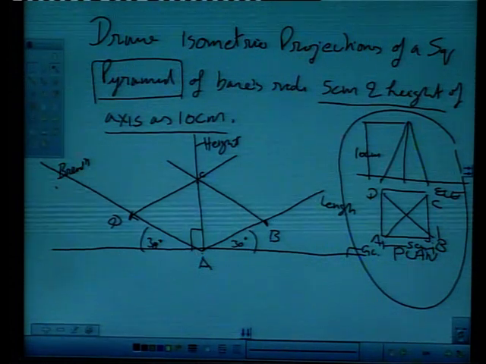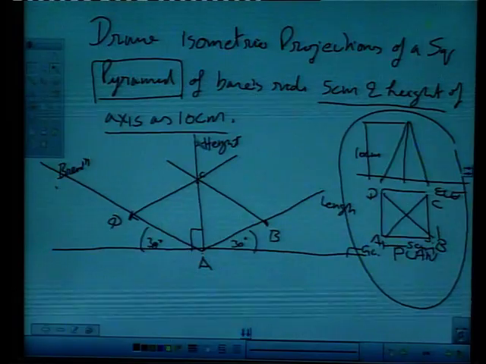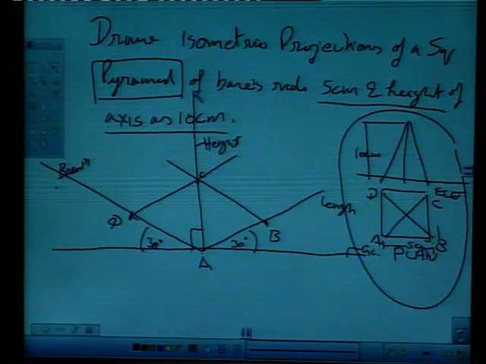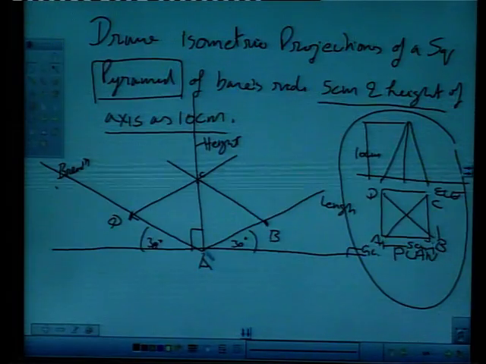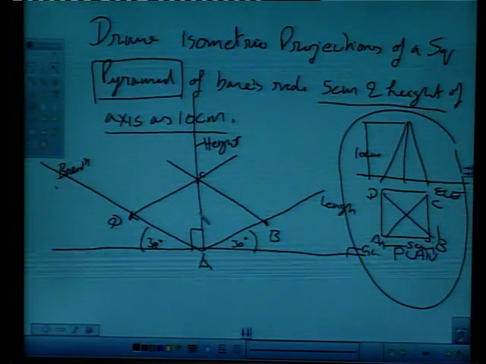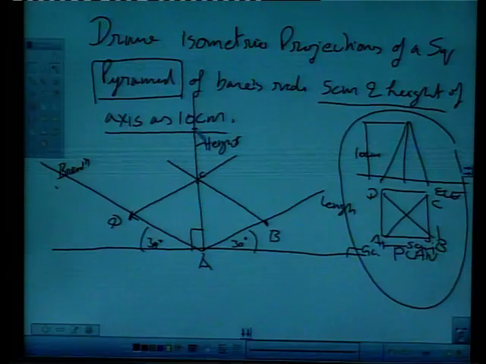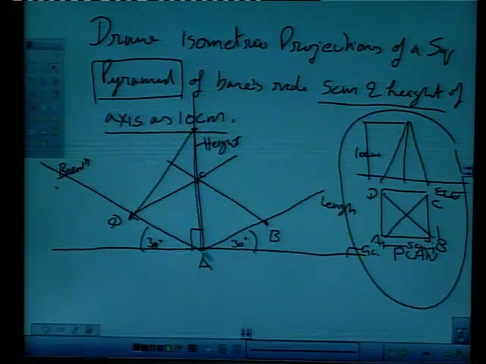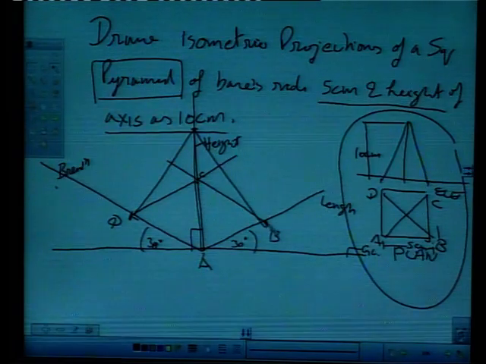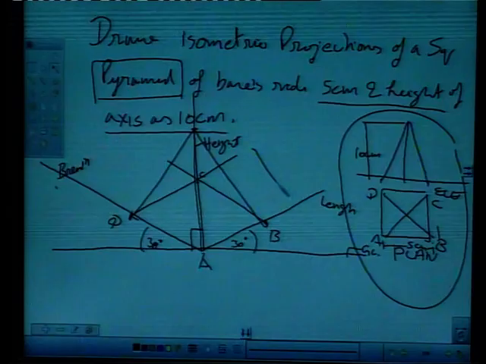And next, we need to mark height, right? What students often do is, they just mark height on this vertical line, height line, right? They mark it as 10 centimeter here and join all these lines like this. This is not right, right? This is wrong.